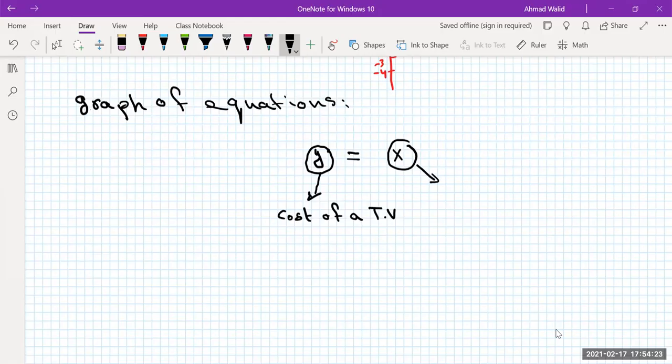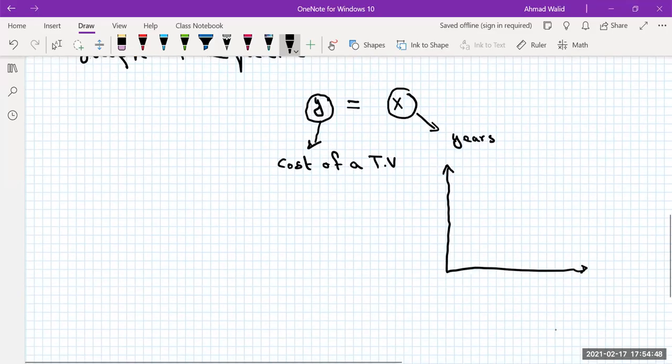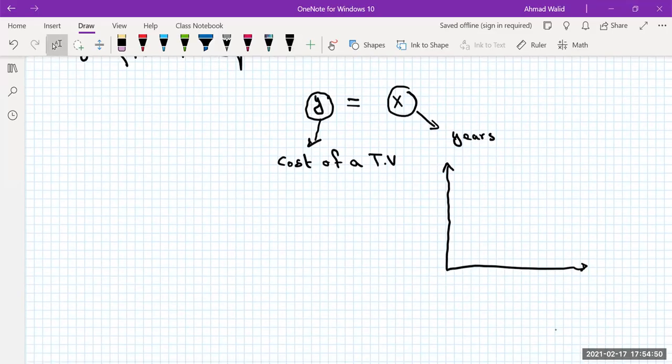X can represent maybe years, how many years old your TV is, correct? For example, let me show you this in an example. I don't want to do a word problem here for you, but I want to explain. It was a big question in my life.